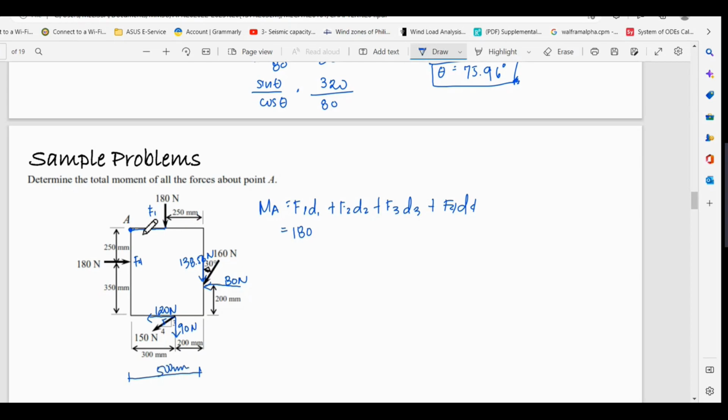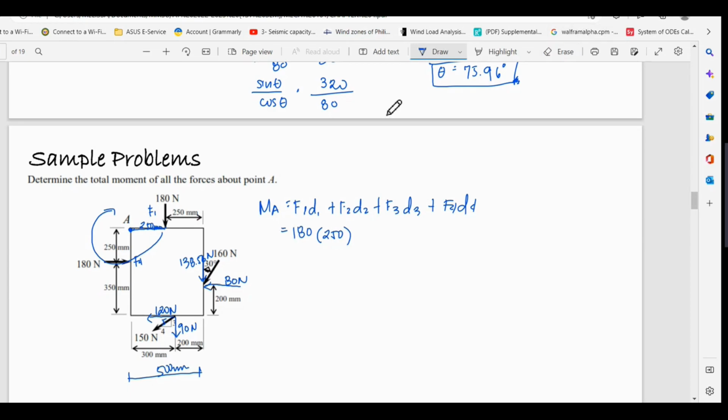So 500 minus 250, this is 250 millimeters. So 180 Newton and the distance is 250 millimeters. It will create what? A clockwise motion. We push the 180 Newton at this distance, so the distance will create a clockwise motion. So we have here positive.